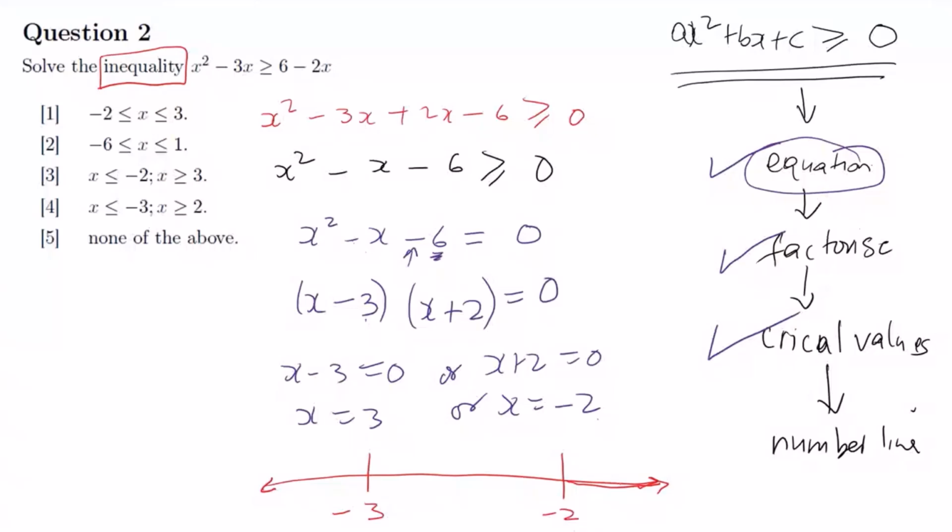We are going to choose 0 and put 0 here and say 0 minus 3 and 0 plus 2. This is going to be negative 3 and 2 is going to give us negative 6. Okay.